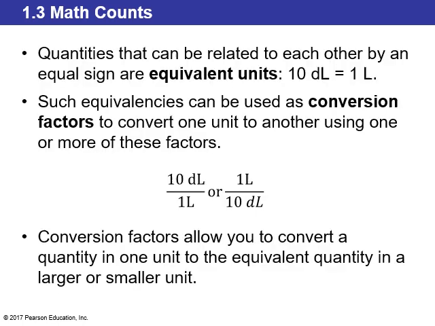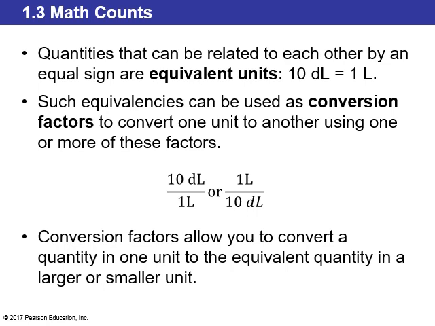The next thing we're going to talk about is equivalent units, and we're going to do a lot of examples of this in class because this tends to throw people off. We're going to use equivalent units to create conversion factors that we can use to convert one unit into another unit. One example would be getting from deciliters to liters.